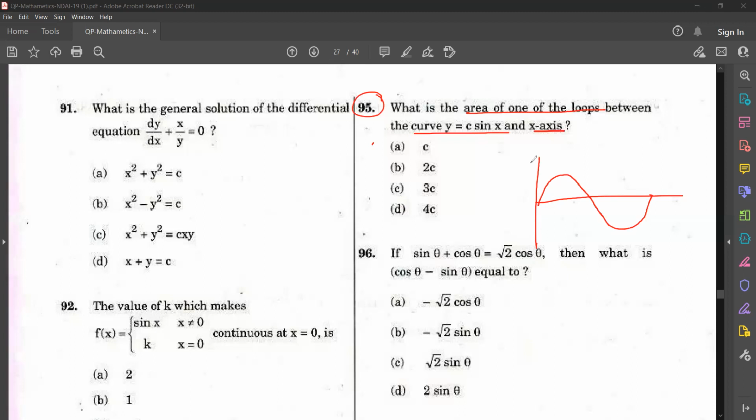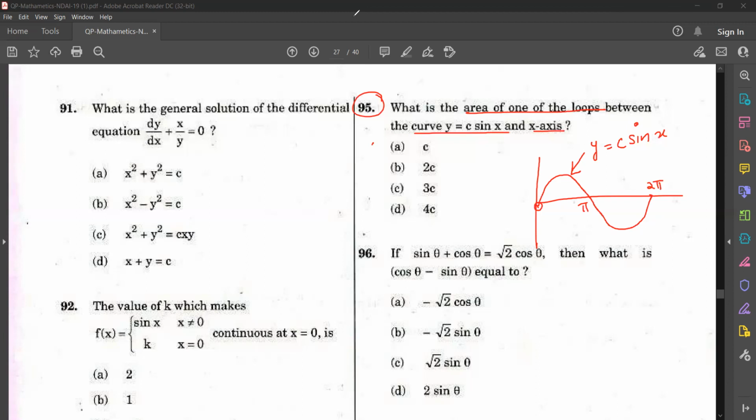So what is the curve y equal to c sin x? That will look like this, isn't it? 0, here pi, here 2 pi. And one of the loops between x-axis and this curve, isn't it? Okay, once you get the figure, you can do it easily. Just try.